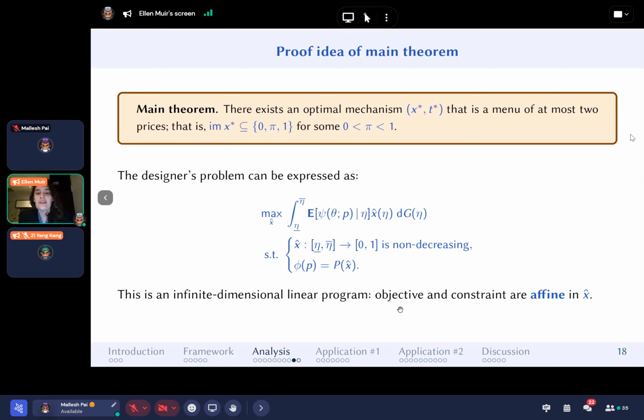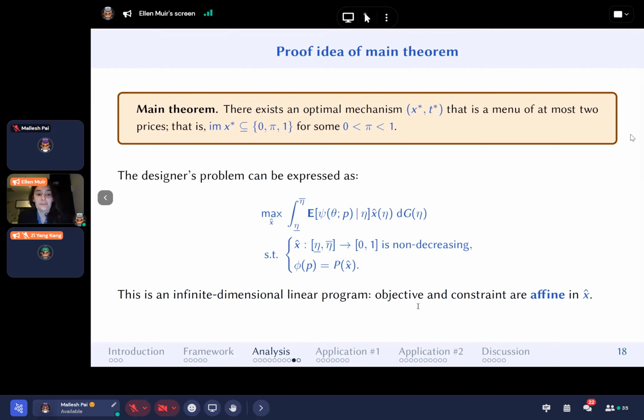The linearity of the objective and the constraint follow from the assumptions that we made earlier, where we had our unmassaged problem, written as essentially a fixed point problem, with everything written directly in terms of the types rather than the effective types. We assumed that version of the problem had a linear objective and constraint, and that property carries over to this version written in terms of effective types.